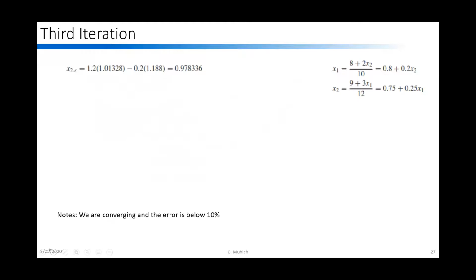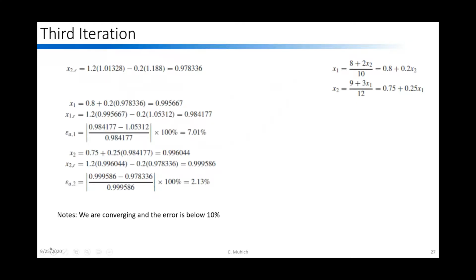All right, so I can pull my equation for x2 relaxed forward, and we can start this process again. So I can go through, calculate a new x1. I end up with 0.98, which is going to give us an error of 7.01. And I can use that 0.98 to calculate a new value for x2 using Gauss-Seidel.